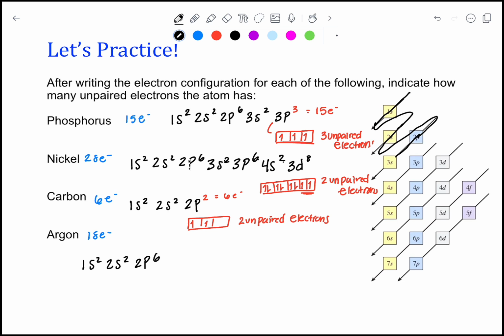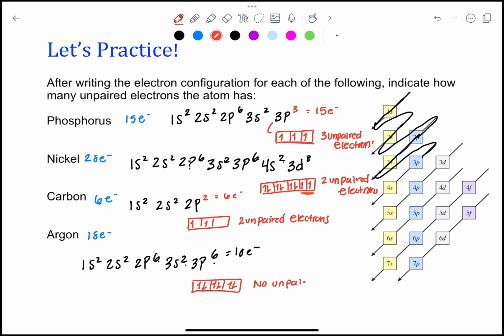I have 8 left. 3s, 2. And now we're into 3p6. So let's count. 2, 4, 10, 12, 18. That's 18 electrons. If we look at our 3p orbital, 1, 2, 3, 4, 5, 6, we have no unpaired electrons.